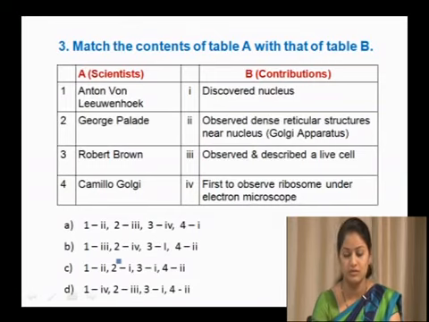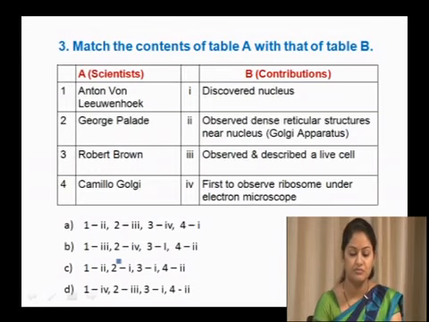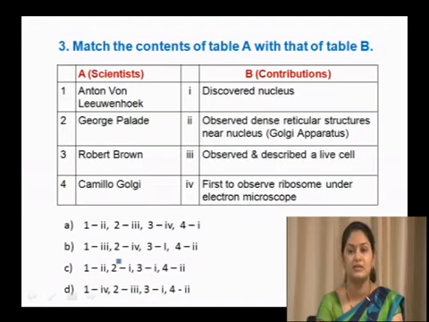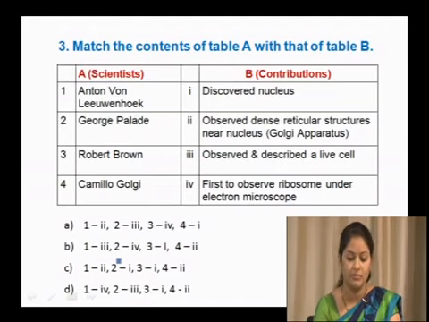For the same reason, ribosomes are also referred to as Palade particles. Third one, Robert Brown. We all know that he is the discoverer of nucleus. And fourth one, Camillo Golgi, as his name indicates, is the one to observe the Golgi apparatus. So the answer which goes right here is option B.